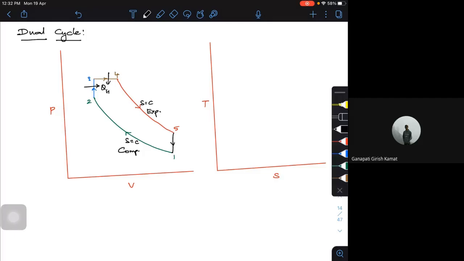Here V is equal to constant, here P is equal to constant, and this is heat rejection with a constant volume process. So this is how your dual combustion cycle will work. Heat addition takes place partly at constant volume, partly at constant pressure. It's a combined cycle.